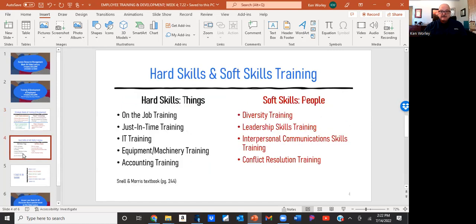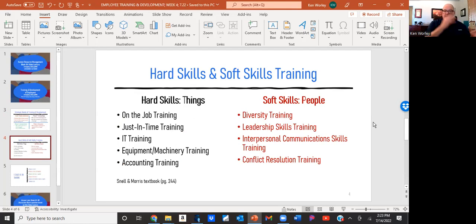All right, let's go to the next slide here. Now we start to break down what the hard skills and the soft skills of different training actually is. The hard skills: on-the-job training, just-in-time training. Both concepts are in your book and in this week's reading assignments. Could also be equipment and machinery training, accounting training.